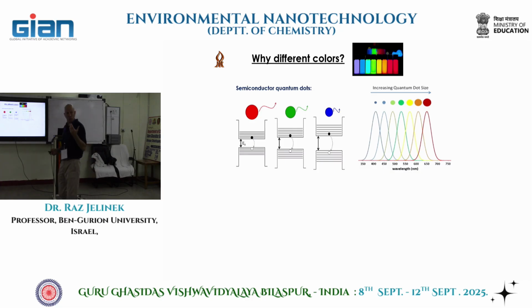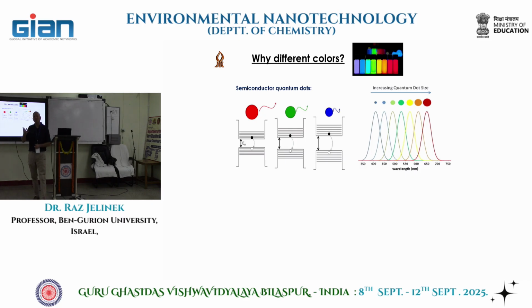And the reason you get colors of carbon dots when you shine light is precisely because electrons can jump from a low level to a high level. Now, these are not carbon dots, these are semiconductor quantum dots.